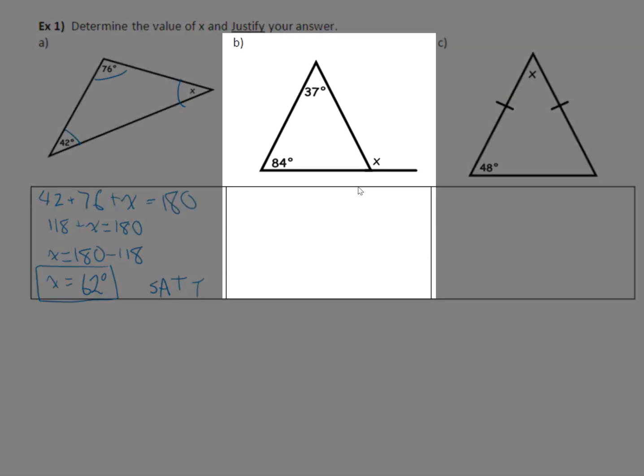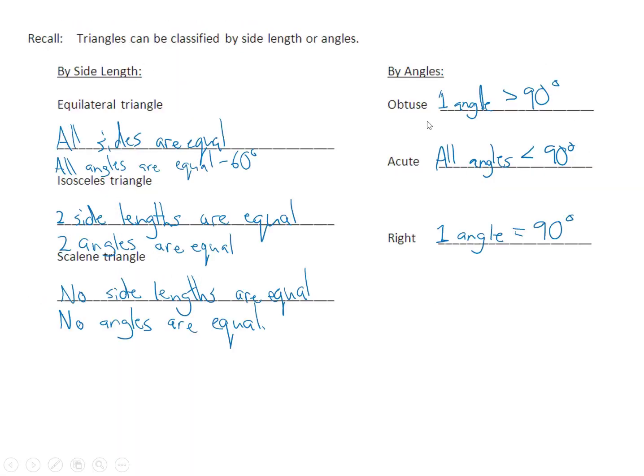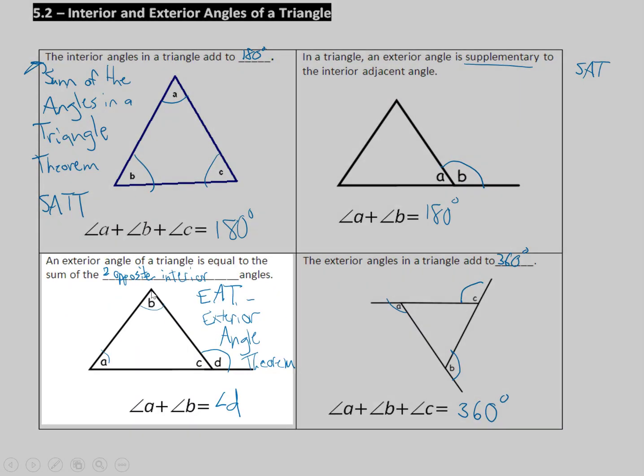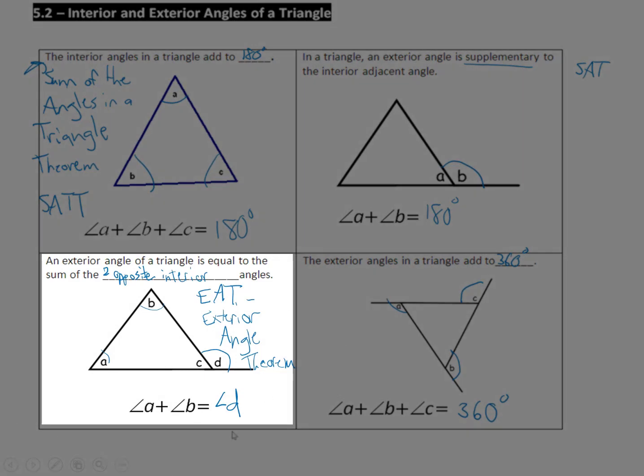Next example, if we're looking at this angle here, well, that looks like our other theorem that we used, which was the exterior angle theorem. If I go back 2 slides, right here we see it very clearly, our exterior angle theorem. We have A, B, and then that is equal to D, and we can see the equation down below highlighted.